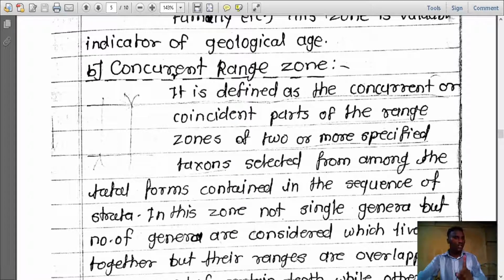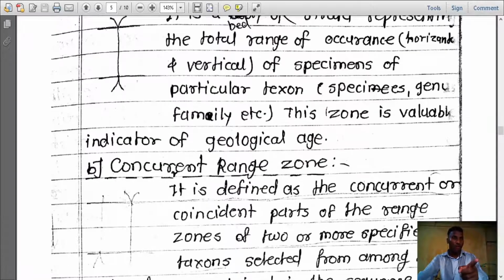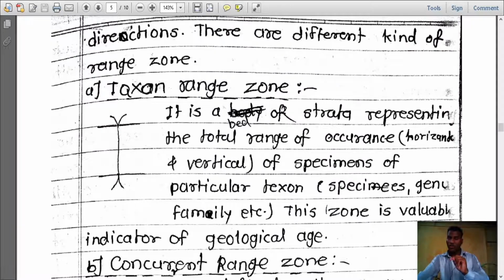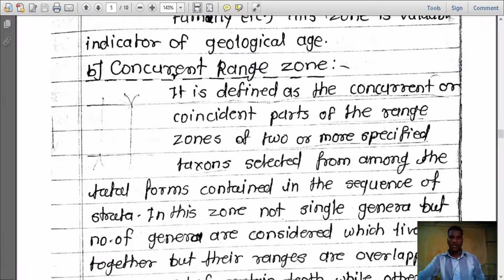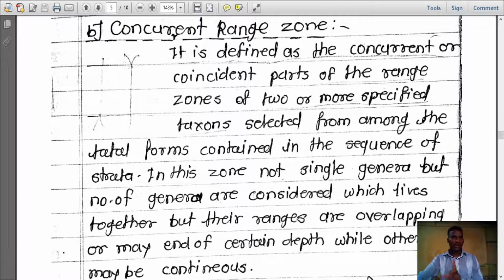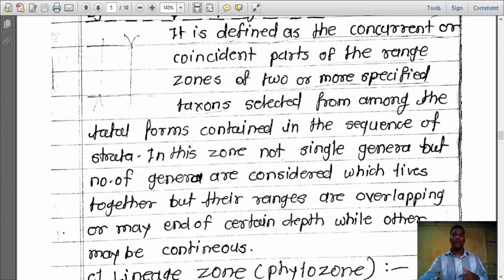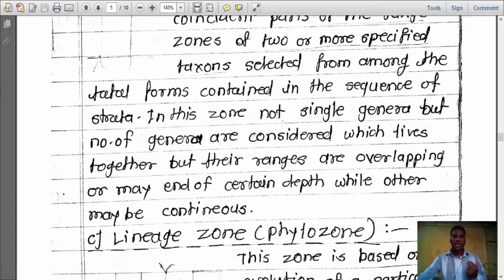In the taxon range zone only a single genus is considered, while in the concurrent range zone a number of genera which live together are considered, but their ranges overlap, or may end at a certain depth, while others may be continuous.